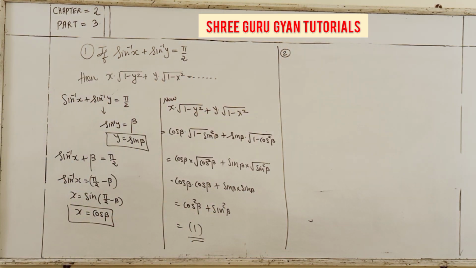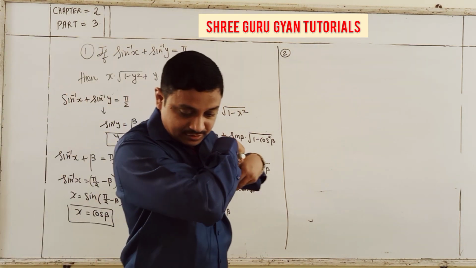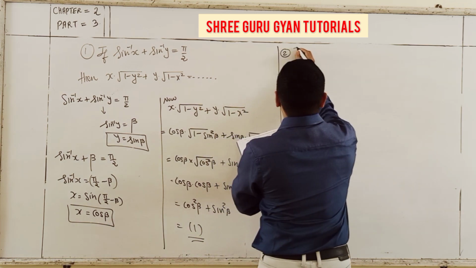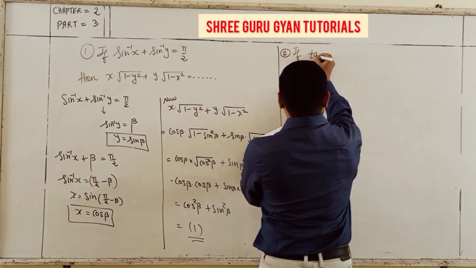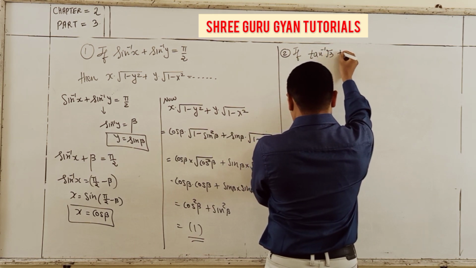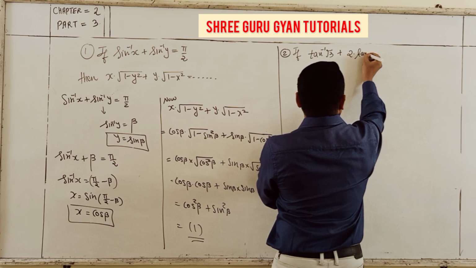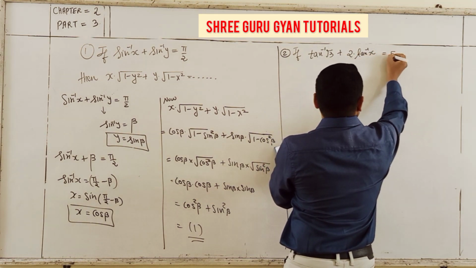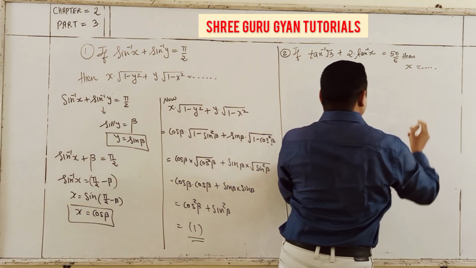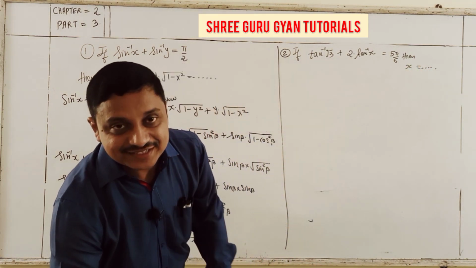Now we go ahead to question number 2, and the second is also a very interesting numerical, students. If tan inverse root 3 plus 2 times tan inverse x equals 5 pi by 6, then x becomes dash. This is a board question.